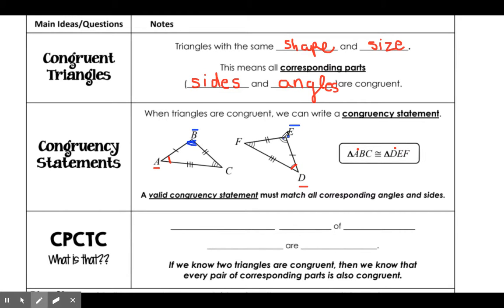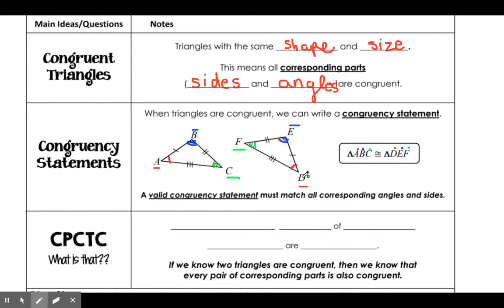And then we can see that over in our congruency statement that B and E are both in the same position. All right, and then the same thing for C. Angle C corresponds to F, and you can see that they both have three markings, making them congruent, and we can see that C and F are in the same position.